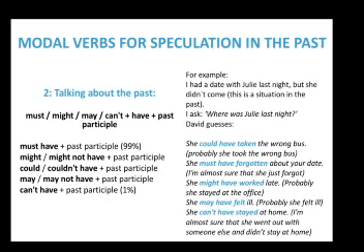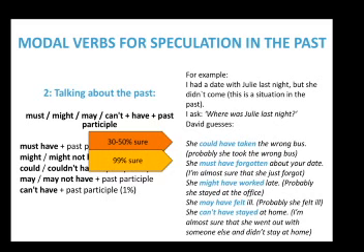He says, she could have taken the wrong bus, because he is 30 to 50% sure that she took the wrong bus. He also says that she must have forgotten about your date because he is 99% sure that she just forgot about the date.